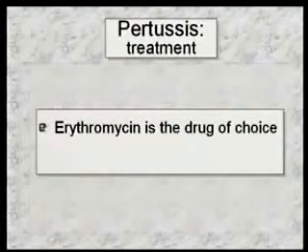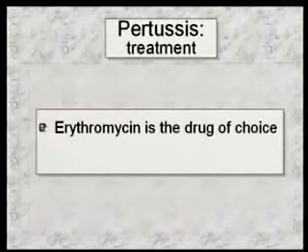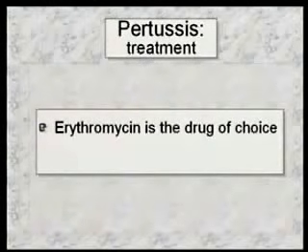Yes? No, I think Bordetella medium is the potato starch. I may have misspoken, but the other one is blood agar with charcoal. Charcoal blood agar. Yeah, charcoal blood agar, and then Bordetella is that.